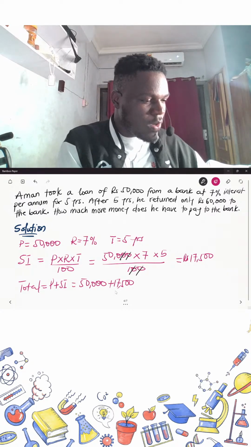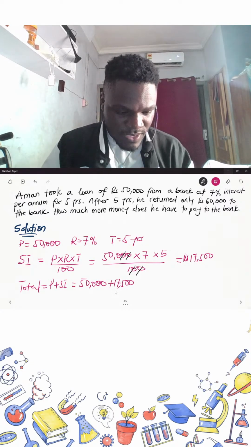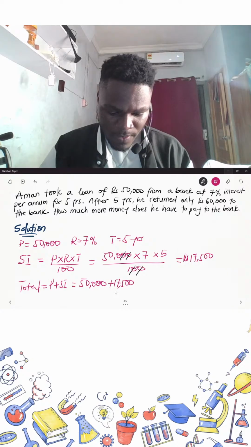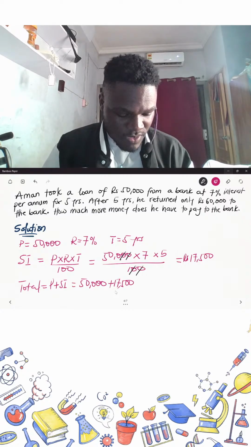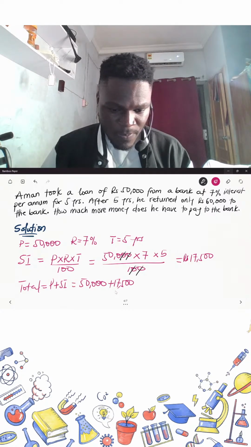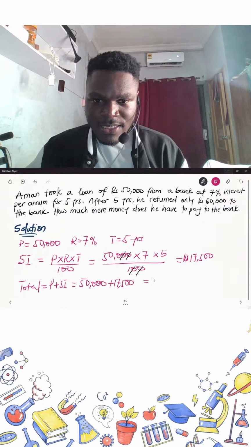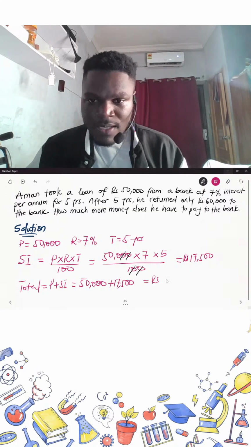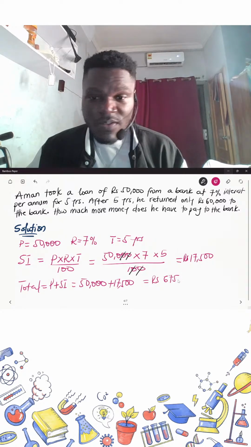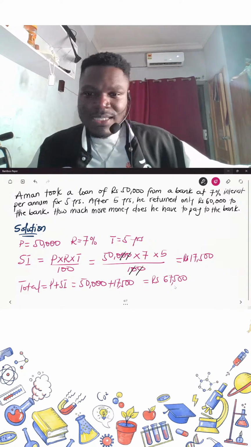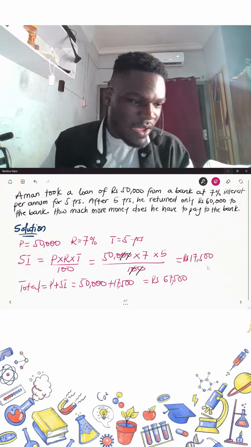Are we okay? So if we add these two, 50,000 plus 17,500, we are getting 67,500 rupees.